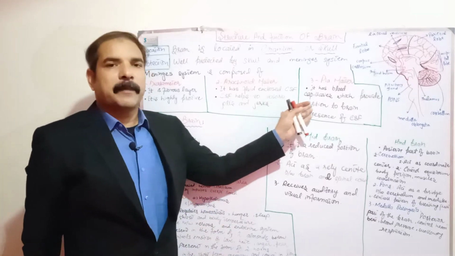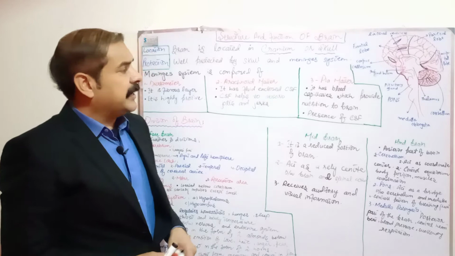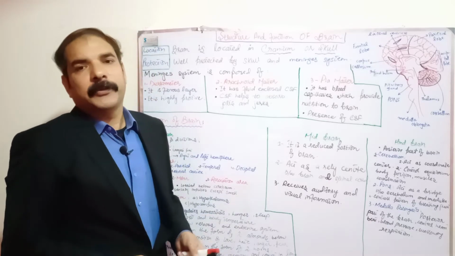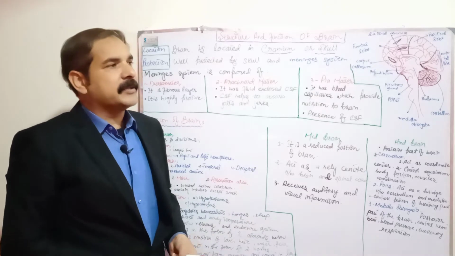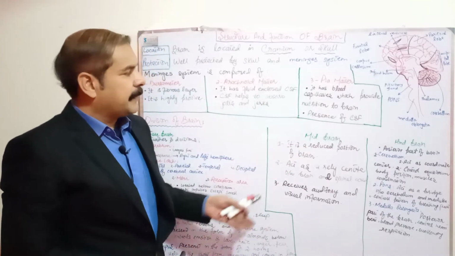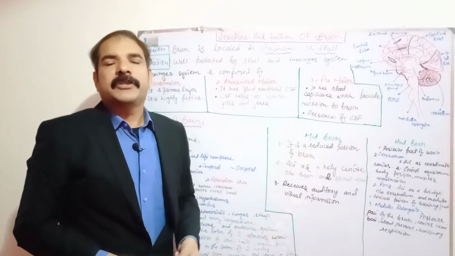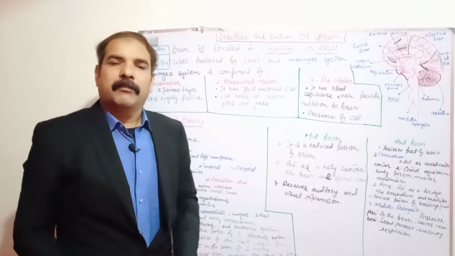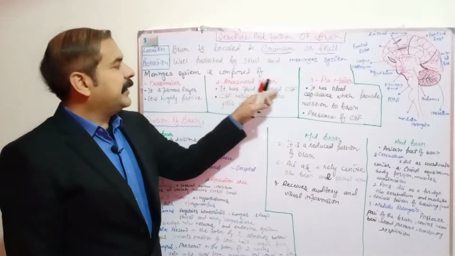The third one is pia mater, and it has blood capillaries, and this blood network provides nutrients to the brain. Here the CSF is present, and this CSF provides cushioning between the arachnoid and the pia mater.